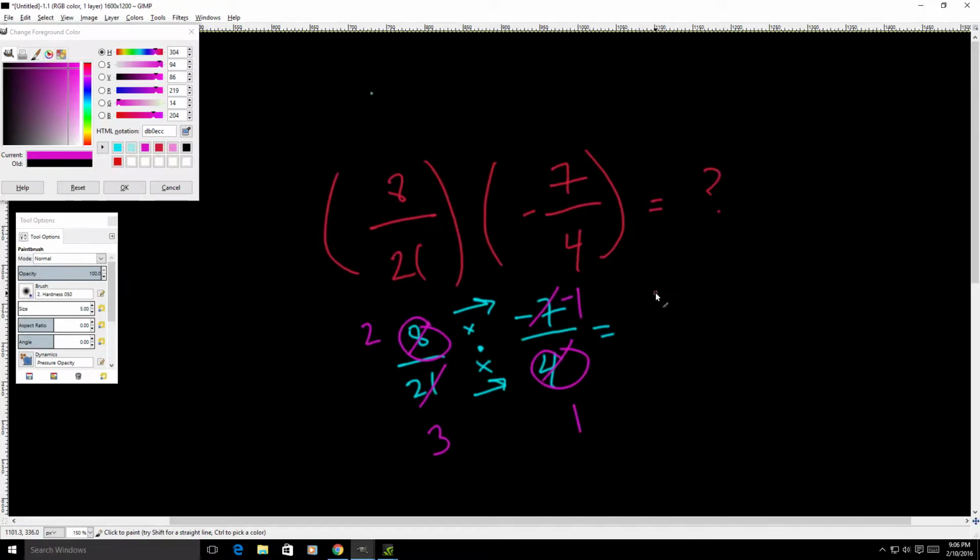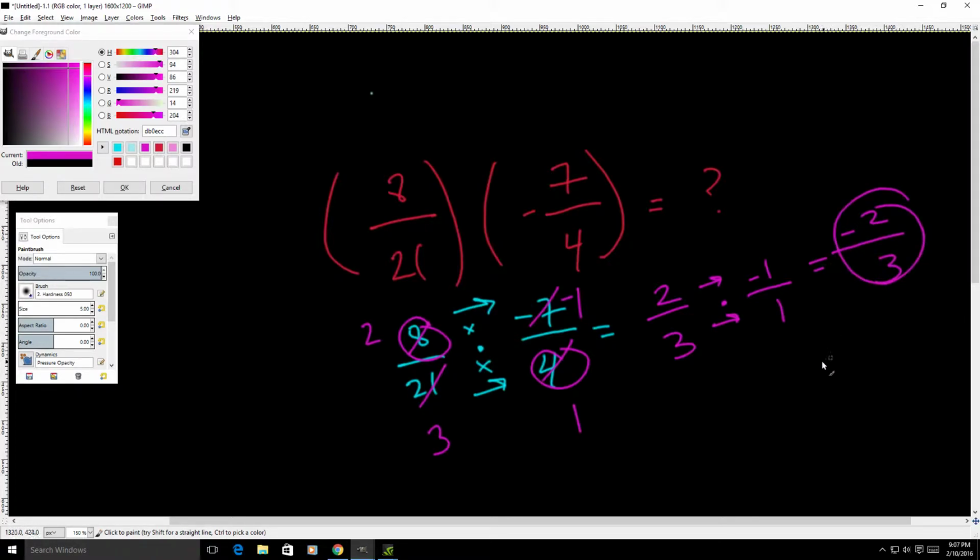Now rewrite it as 2 over 3 times -1 over 1. Then you multiply across. You could even reduce this to just -1, but get the same answer. So you multiply across. You get 2 times -1, which is -2, and then 3 times 1, which is 3.